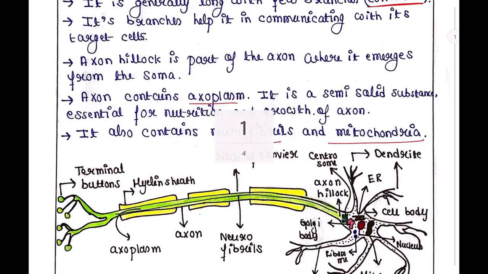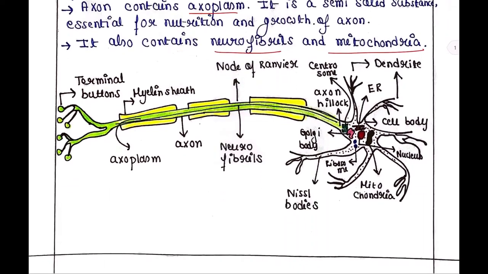Now we will see this image so you can understand it in a better way. So this is the picture of neuron and this is the cell body. And from this cell body axon arises. Now this part is axon hillock and from this part this axon generates.